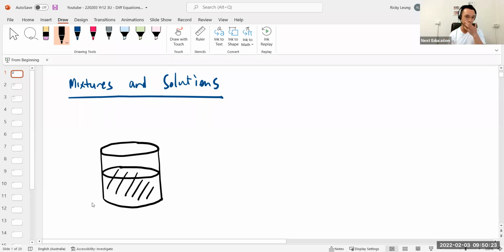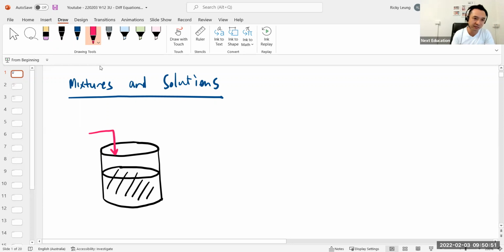Now, what they want to talk about in this context is we're going to put something in there that's a solute, like salt is a really good example, and we're going to make this water salty, right? Over time, if we're pumping in water and releasing water out, the concentration of solute or salt will change, right? Contextually, they basically have an in valve or tap that pumps in a solution.